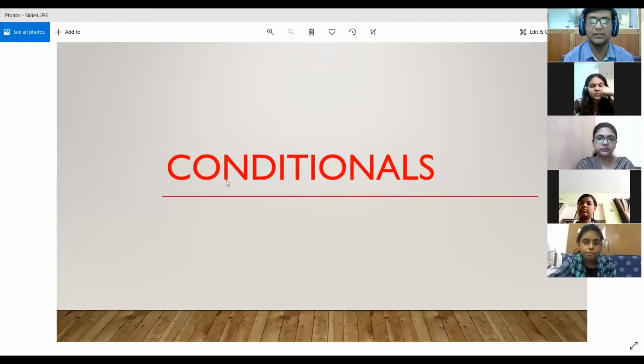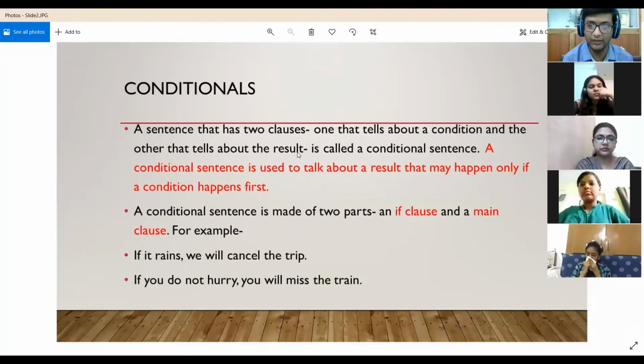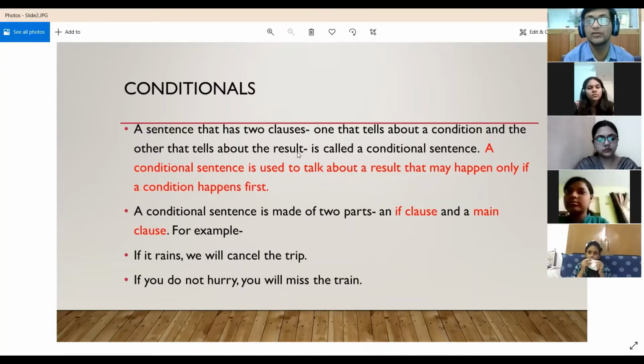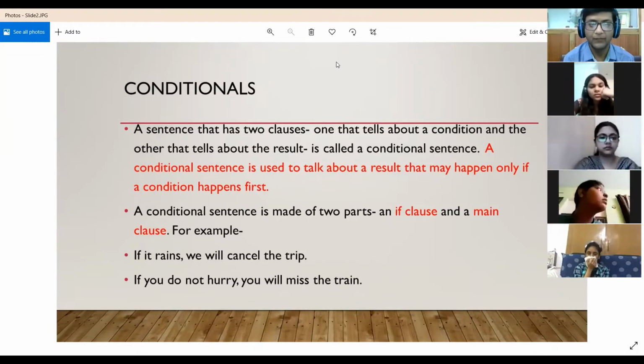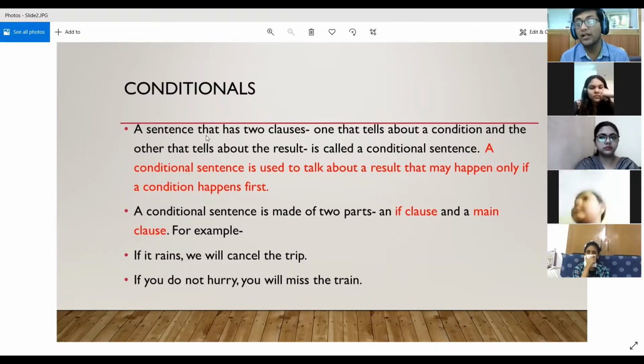So as the name suggests, conditionals, we are going to see sentences which put forward certain conditions. And if those conditions are fulfilled, then something else is going to happen. A sentence that has two clauses, one that tells about a condition and the other that tells about the result, is called a conditional sentence.